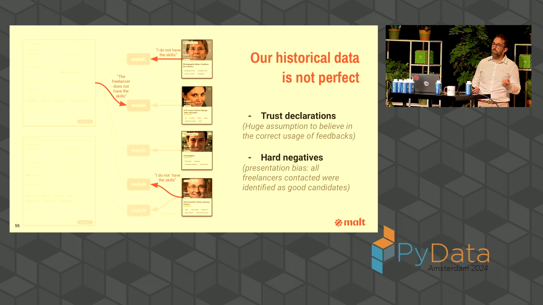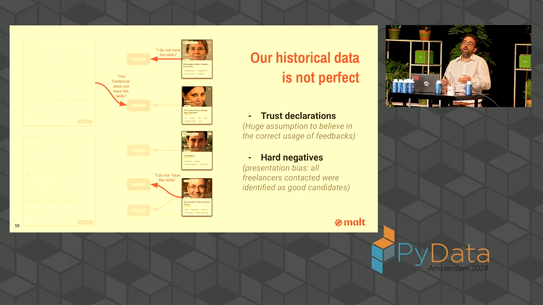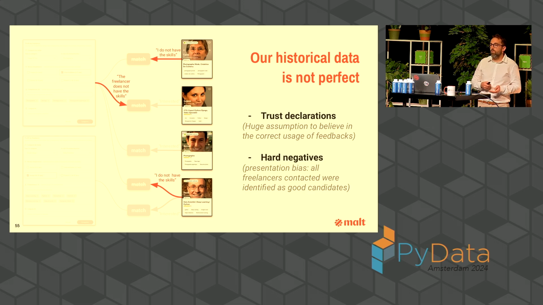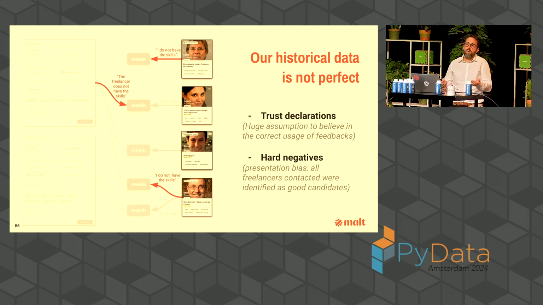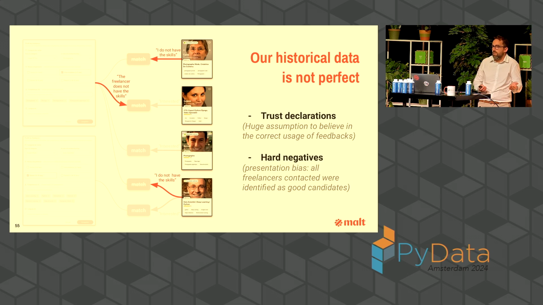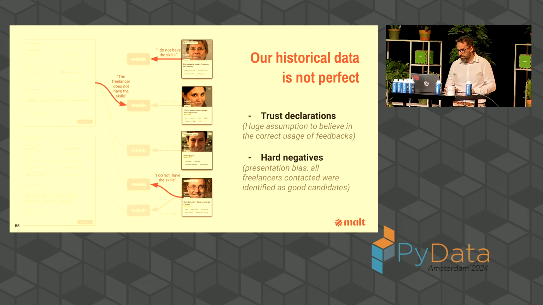The second problem is that we have a huge presentation bias, because the freelancers that say they don't have the skills were actually proposed by the recommender system. So the system thought it was a good candidate. When you think about it in the latent space, they shouldn't be too far away from each other, because it initially thought it was a good fit.